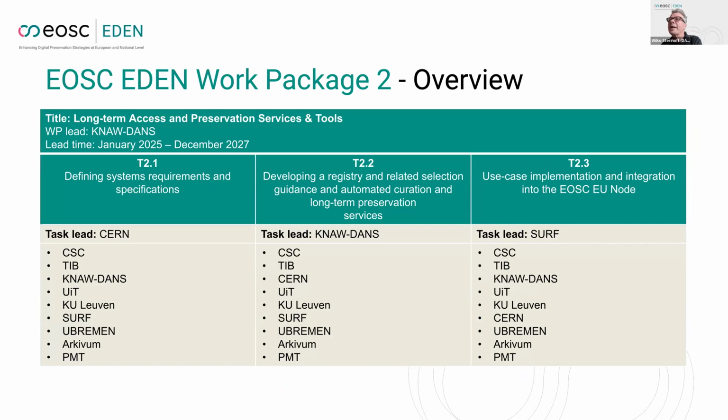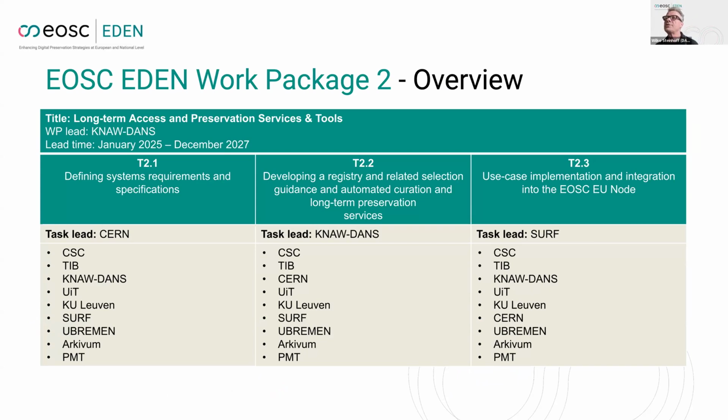Going on to work package 2. Work package 2 is about long-term access and preservation services and tools. It is split up into 3 different tasks, and the first task is defining system requirements and specifications, which is led by CERN.